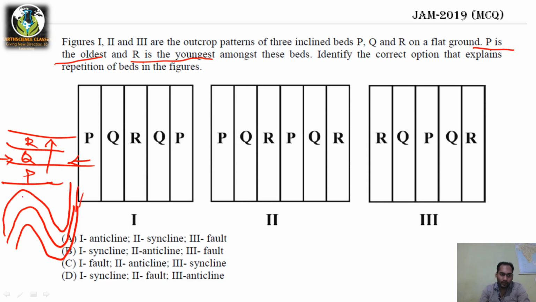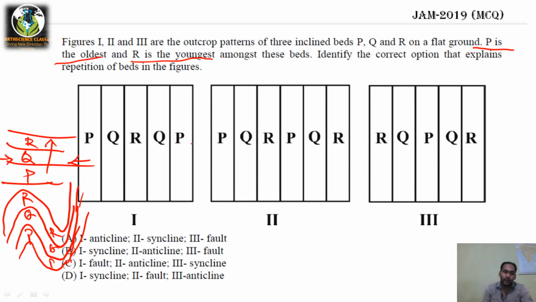Okay, so this is R, this is Q and this is P. Okay, this is P, this is Q and this is R.